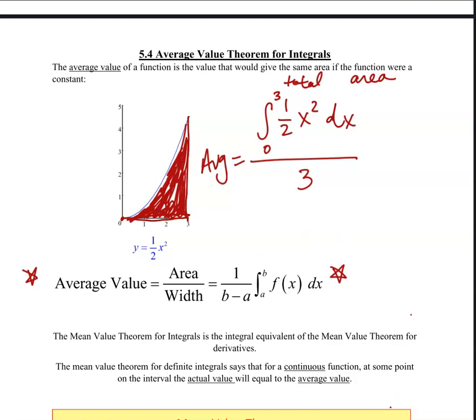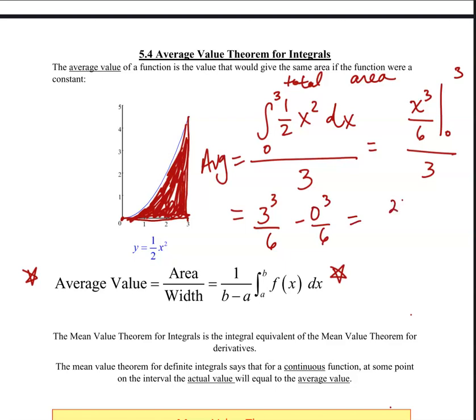In this example here, let's just work this out and see what this gives us. 1/2 x squared becomes x to the third over 3, but then times the 2 in the front gives me x to the third over 6 from 0 to 3. And then, of course, over the 3 that's already there. So let me come down here. That would give me 3 to the third over 6 minus 0 to the third over 6, which would be 3 to the third is 27 over 6, and then of course dividing by 3, so that would be times the reciprocal 1/3.